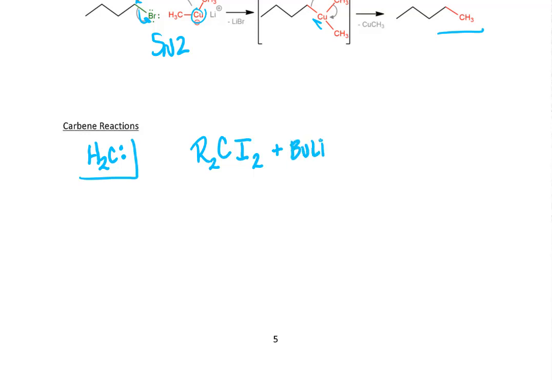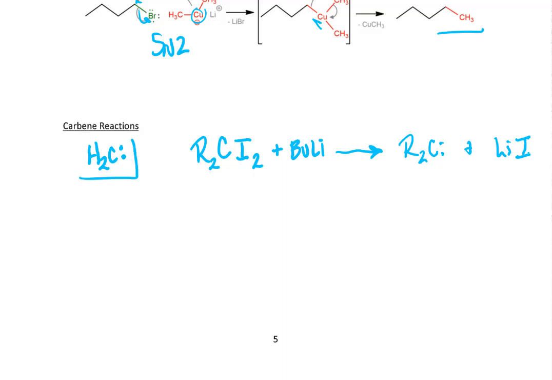One thing that you can add is butyl lithium. That's not the reagent that we used in Orgo 1. In Orgo 1 we used a copper reagent. And what ends up happening is you get the carbene, which is relatively unstable, plus the lithium iodide that we don't care about.